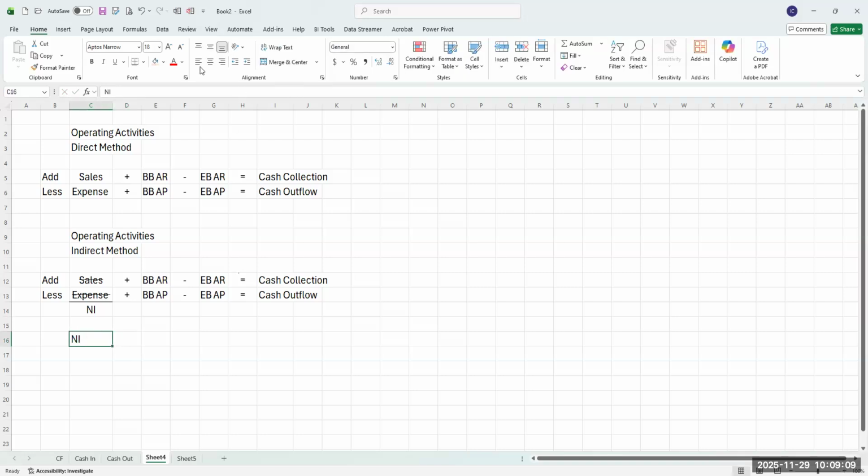Do I have my sales and expenses in the net income? Yeah. So listen to this. If the sales minus expenses give me net income, once I start with the net income, do I already have my sales and expenses inside?